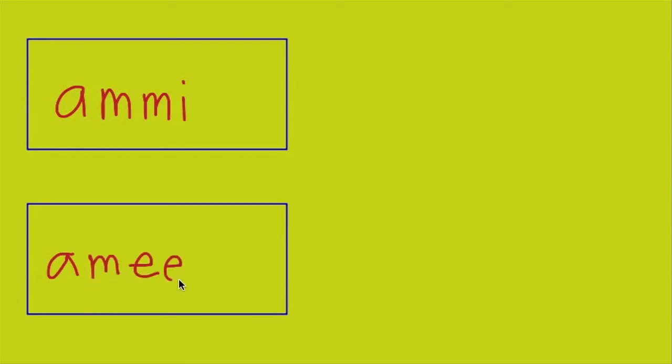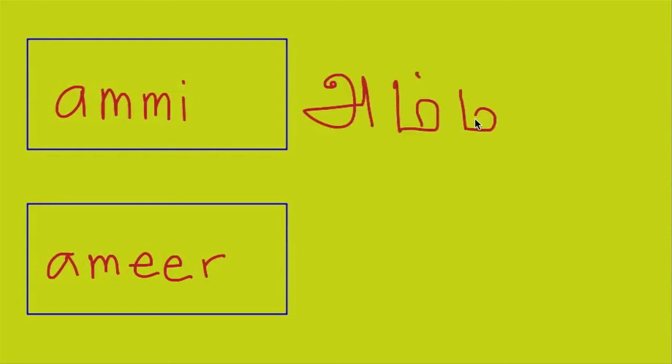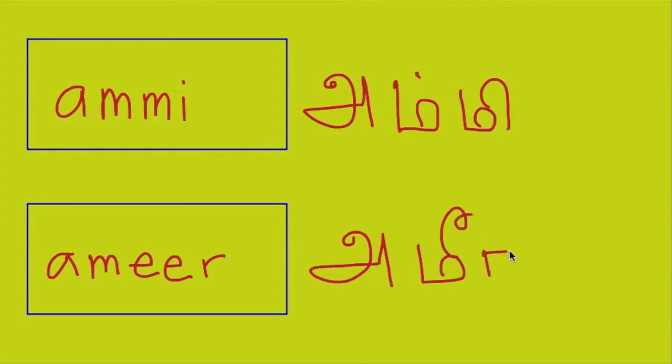It's long here. So the way we'd write ummi and amir is im, mi, amir, mi, ir. And that finishes the introduction to the vowels E, and the consonant it.